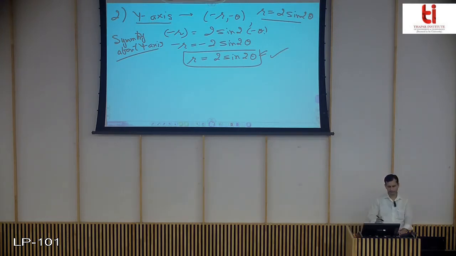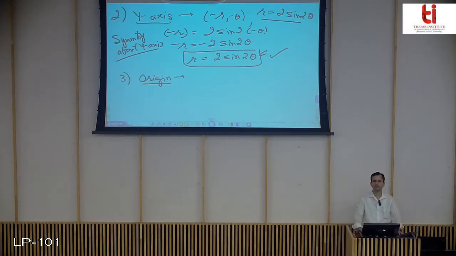Now the third thing is to check the symmetry about the origin. We have already got two symmetries, about the x-axis and y-axis, so by default the curve will definitely be symmetrical about the origin. When we have two symmetries, the curve will naturally be symmetrical about the third. If you have symmetry about the x-axis and origin, the curve will be symmetrical about the y-axis also.